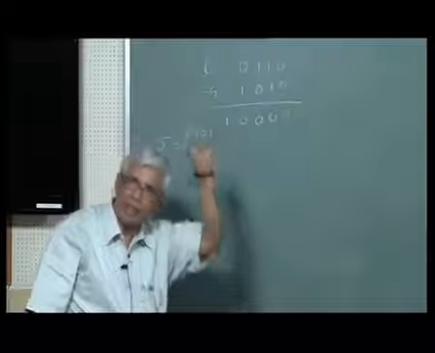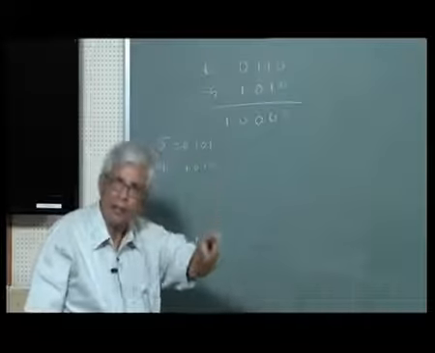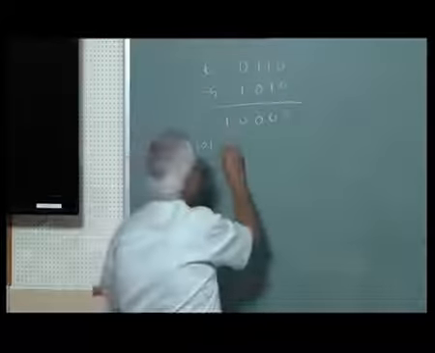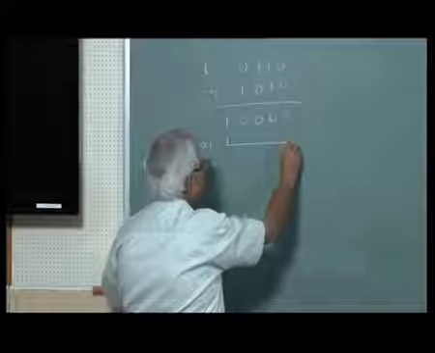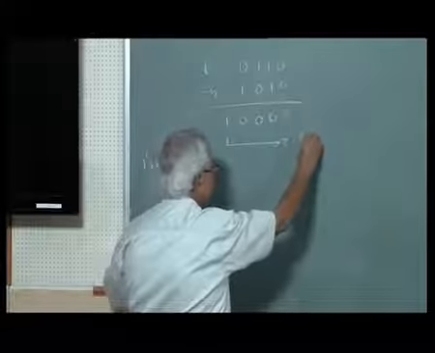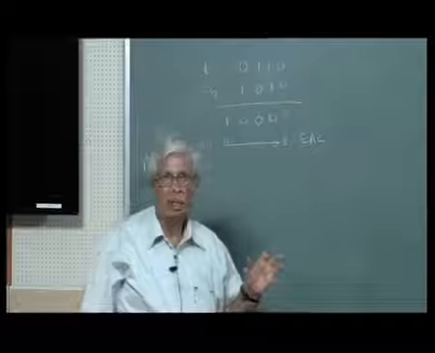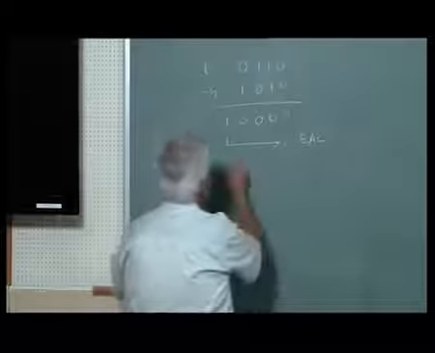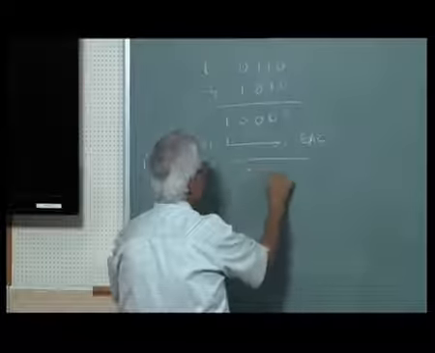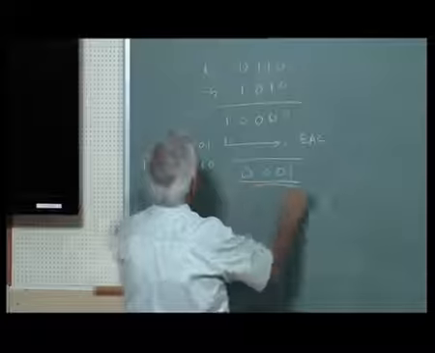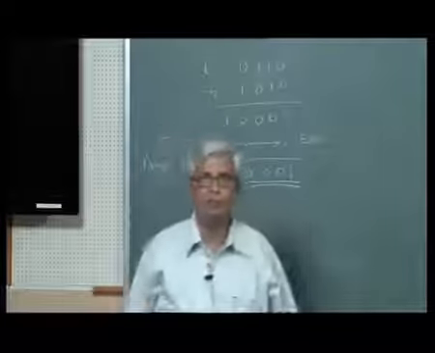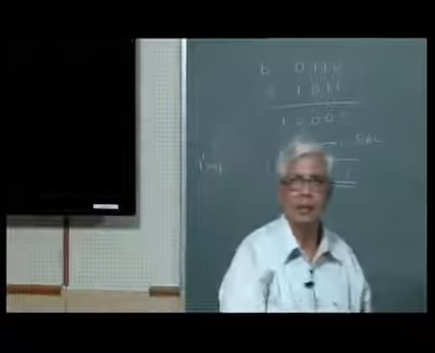That 1 we did not add will now be added into this. This is called EAC, end around carry. So you add this, and this is what you wanted. 6 minus 5 is 1. Okay? It's not magic.